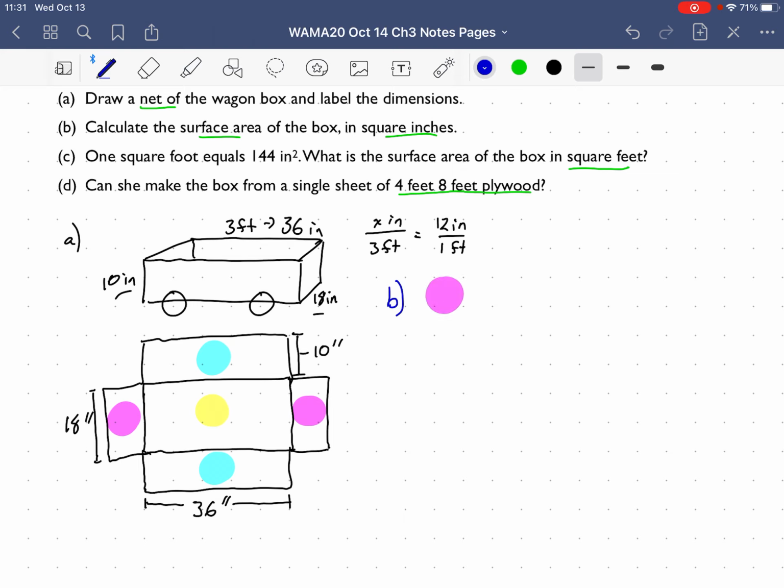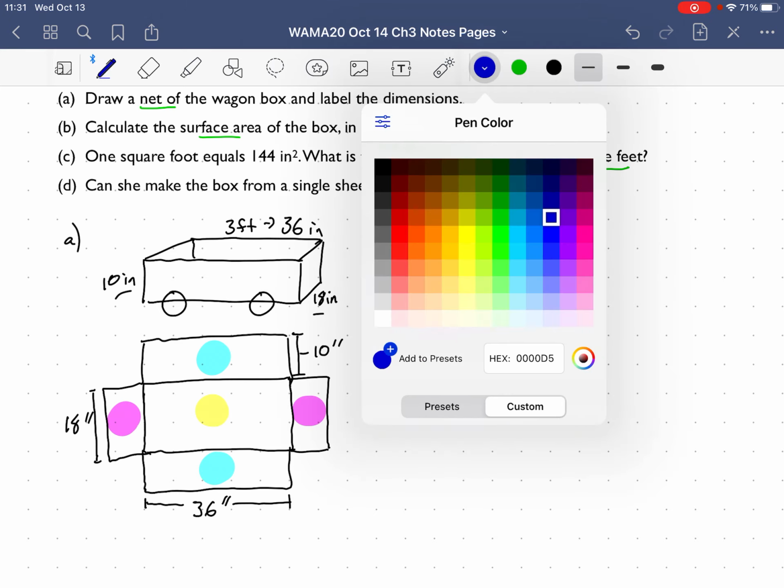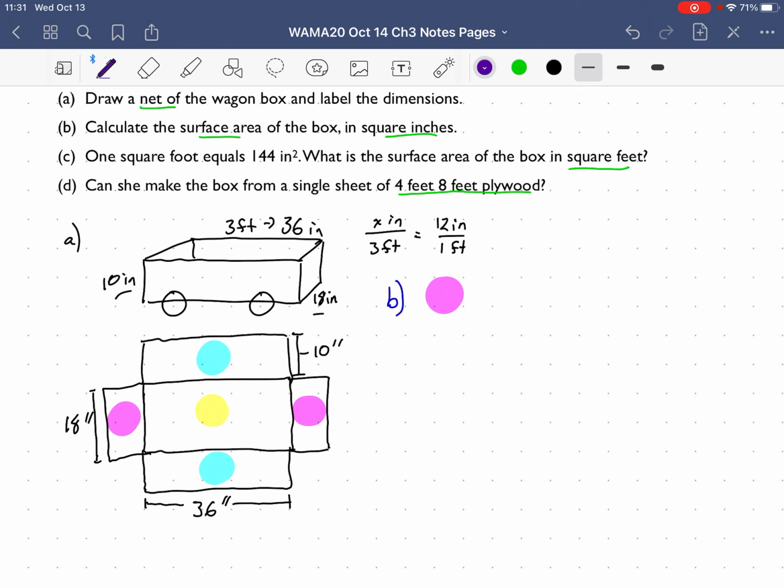All right, so let's look at each one of these. So the purple rectangles. I'm going to change my pen to a purple color. So they're both rectangles. Area is equal to length times width, and then there's 2 of those. So our area is going to be equal to, now this is 18 inches here, and this is 10 inches high, right?